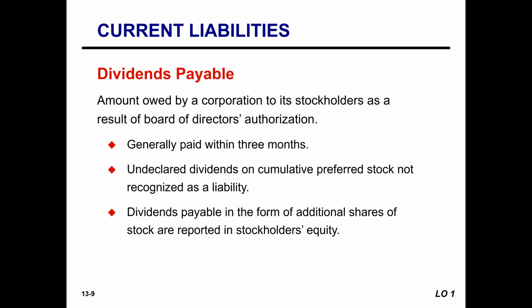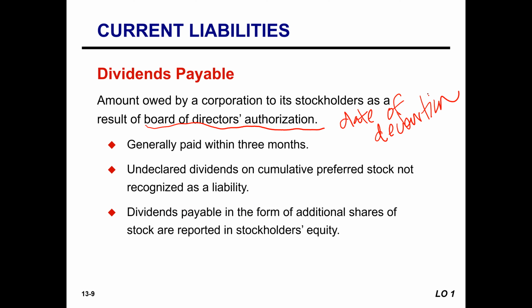And so that's called the date of declaration. Again, we get more into this in chapter 15, but this is the board of directors authorization. This is the date of declaration. And so the date of declaration is when it becomes a liability.